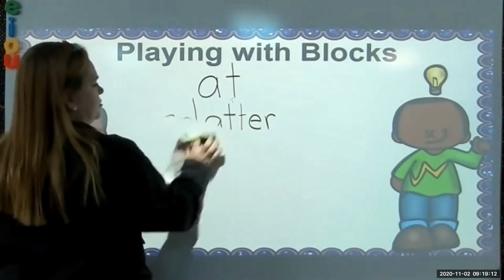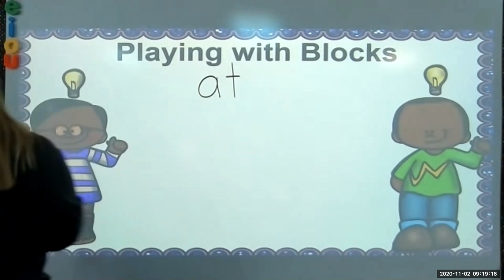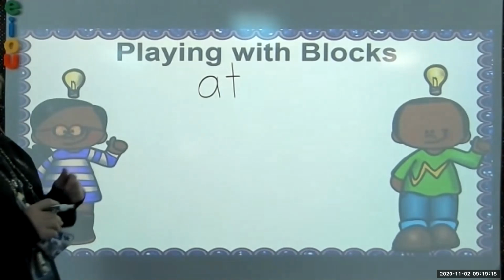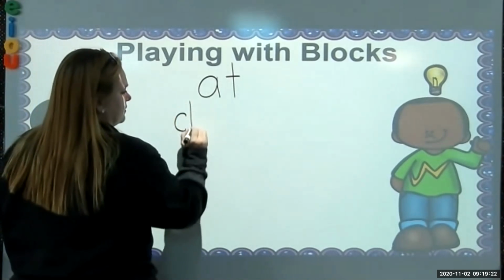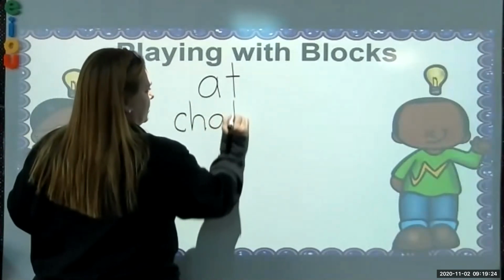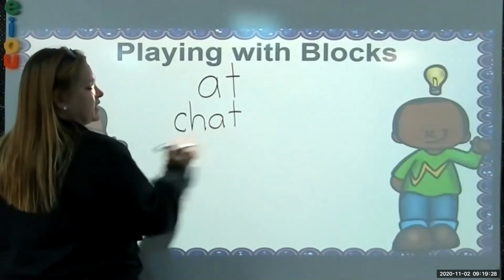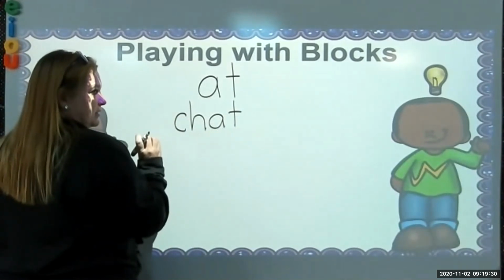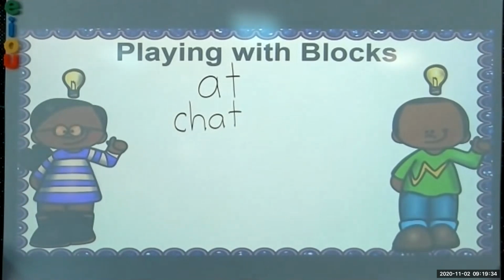All right, so I'm going to erase this. We're going to go back to just at. Okay. I want to add ch in front of that word. Okay, so I have at. What is our new word? Chat. Chat is the new word.